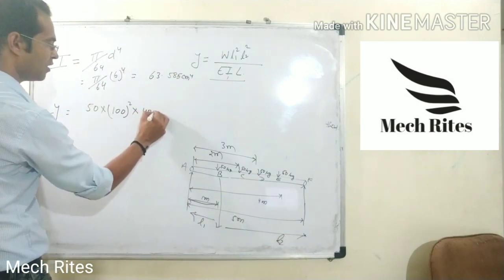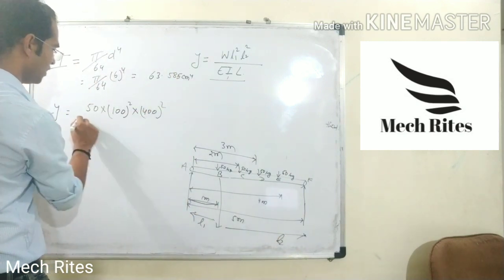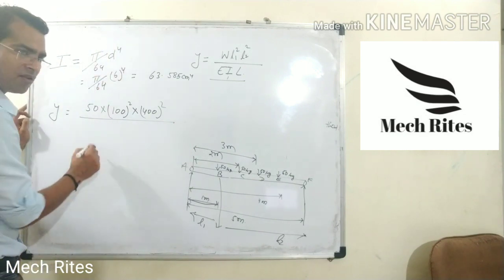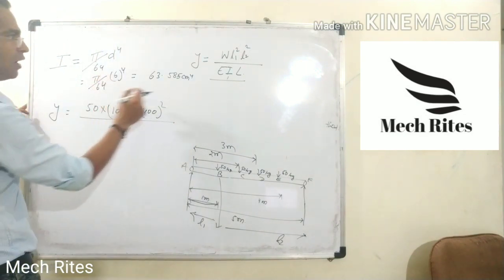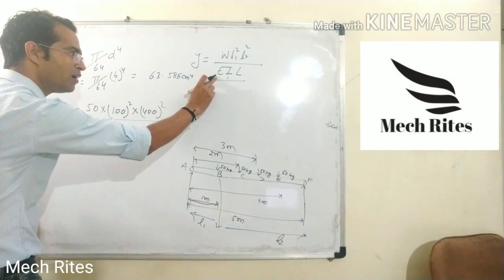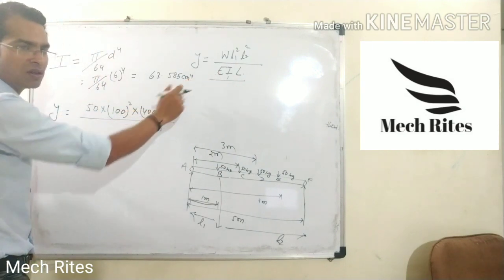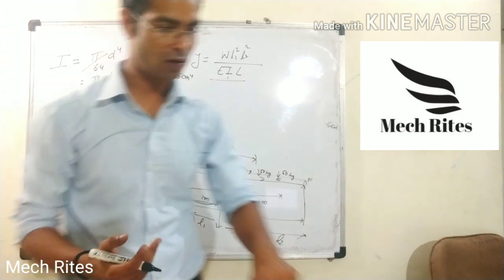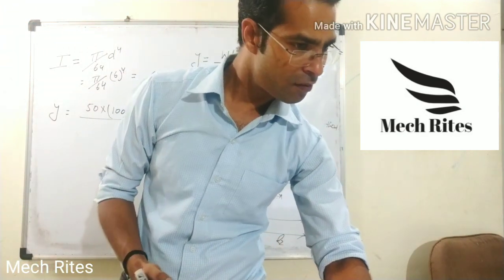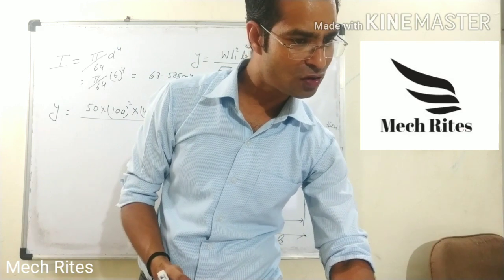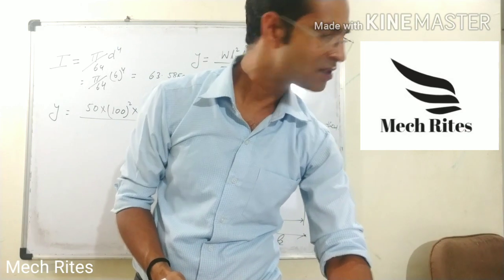So 400 square divided by the modulus of elasticity. In the question we got the value of the modulus of elasticity, and its value is 2 into 10 to the power 6.